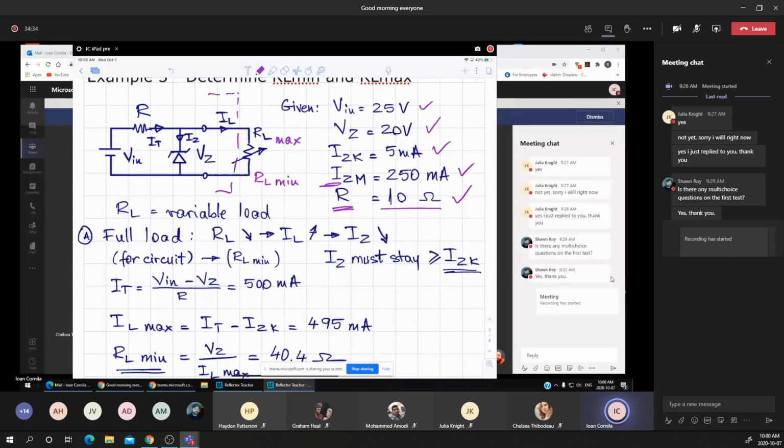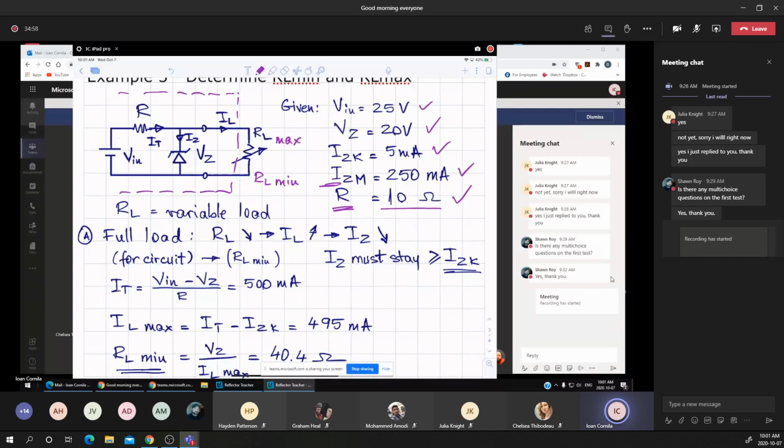Now the load that is connected between the two terminals has to maintain a constant voltage. Means that the VZ, or the regulator, has to maintain a constant voltage, and on top of that, we know that the current has to be between the two limits.